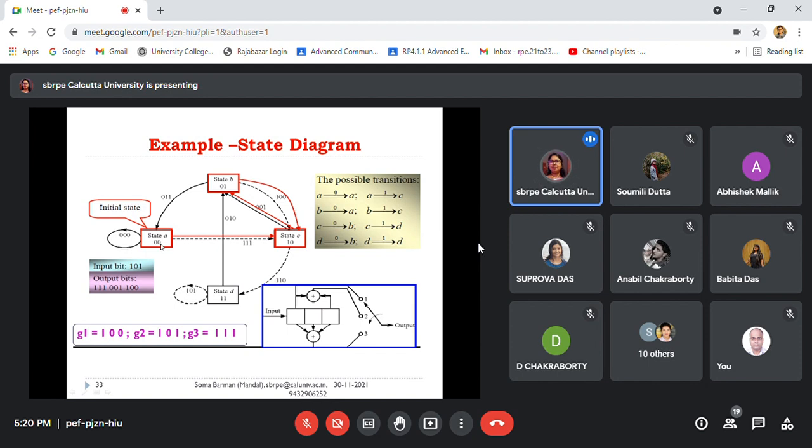So this should be shifted to the state C. For that case, what will be the output branch? That is 1 1 1. That was already calculated from your state definition and from the structure of your encoder. So for 1 bit, the output should be 1 1 1.